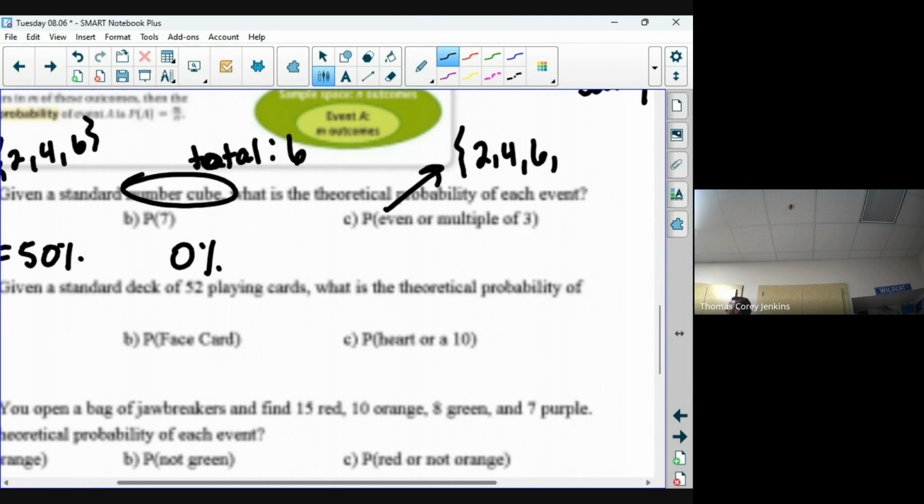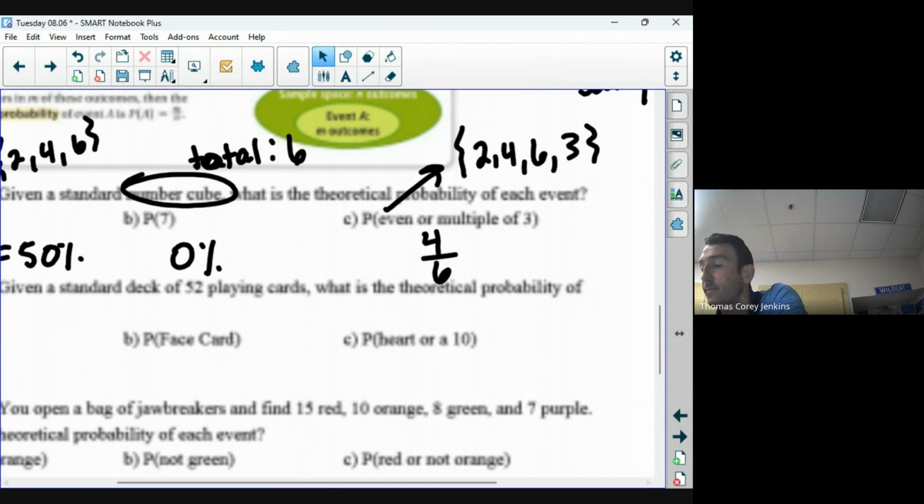So 3 is and 6 is, but 6 is already listed. So we must add 3 here to our set. So that covers 4 out of the 6. Okay, 4 out of 6, if we divide there, is 0.6 repeating, right? So we'll call that about 66.7%. We've got to round somewhere, so we'll go about 66.7.